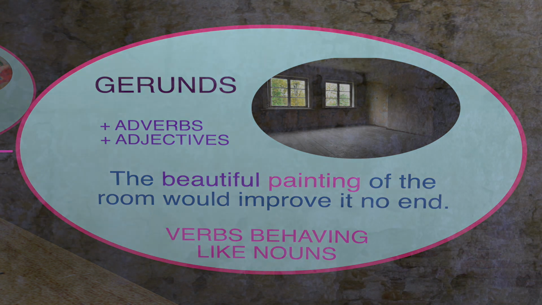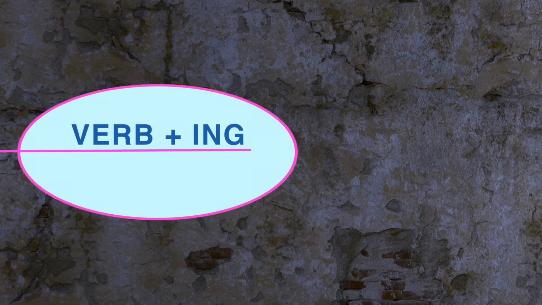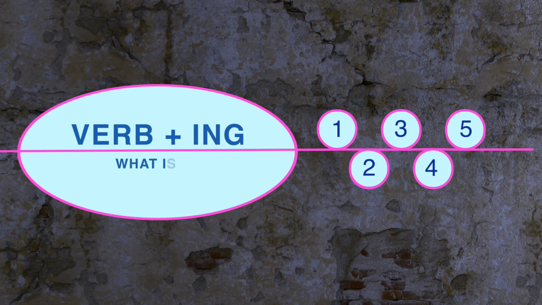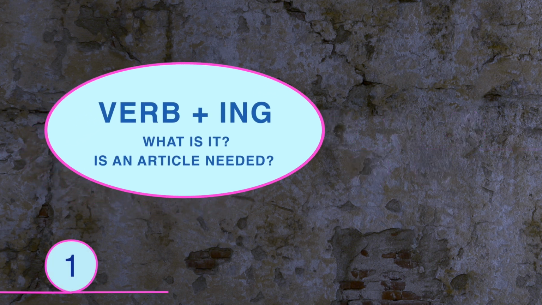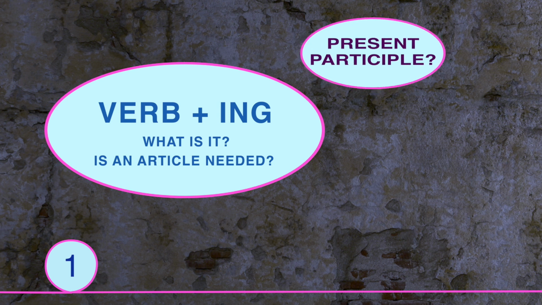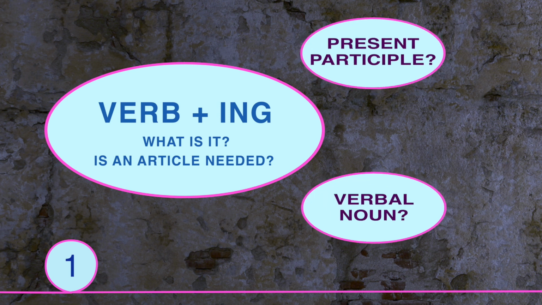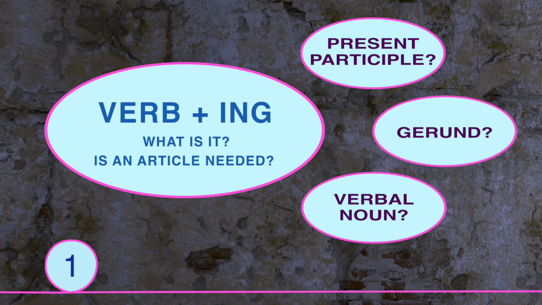So, when coming across a verb ending in ing, we need to follow these logical steps to decide what it is and if an article is something we need to worry about. The first step is to decide if the ing ending verb is either a participle or a verbal noun or a gerund.